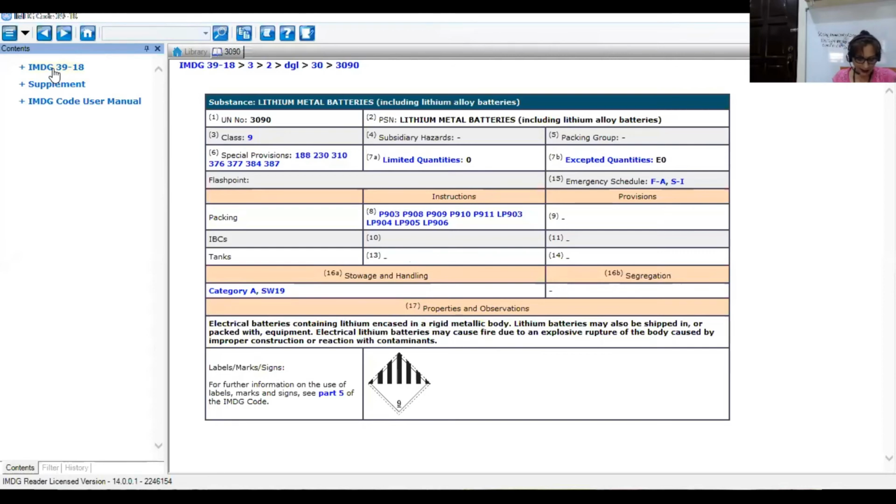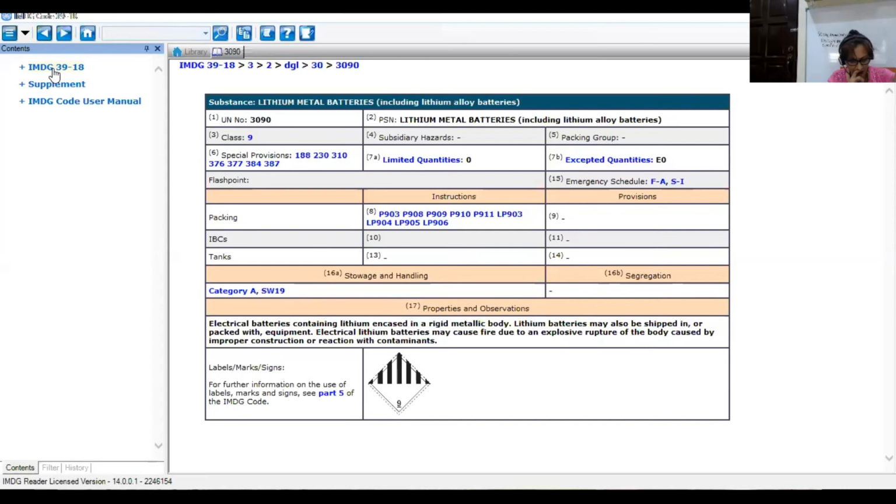So when it's an engine, then your net weight would be the engine without the substance in it, and the gross weight will be with the substance in it. Because I believe you're looking at 3529, is it? This is flammable gas.